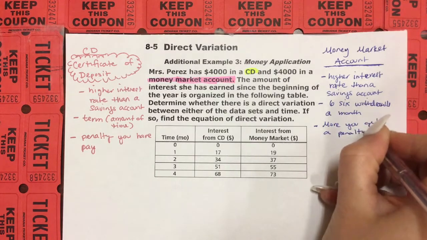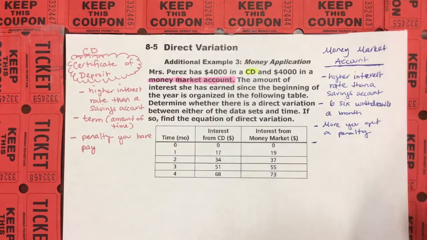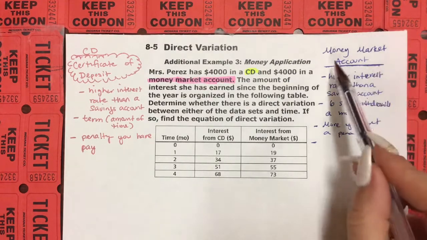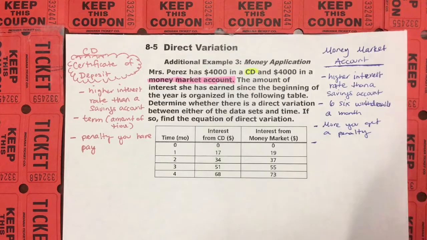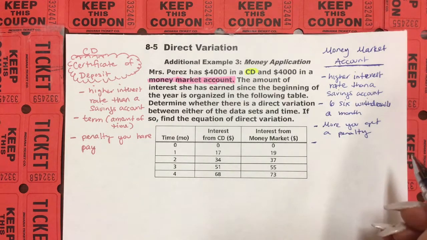Or what they said is some banks have a certain amount of money, like let's say you have to have at least $1,000 in your money market account at all times. Well, if for some reason your $1,000 drops below and now it's $900, you could get a penalty for that as well.